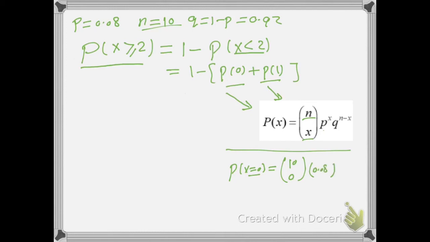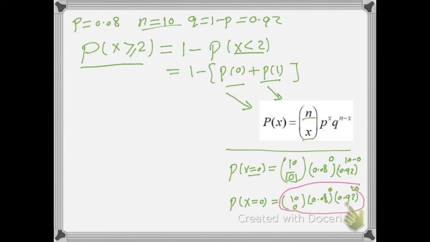We know it, 0.08. And what is the value of q? 0.92. Again, this is the value of x, put it here as the first power. The power of the second bracket will be the difference between them, that means 10 minus 0. Then easily you can compute all of that by your calculator, and the answer will be probability x equals 0, 0.434. Okay, then the value of the first one, probability 0, will be this value.